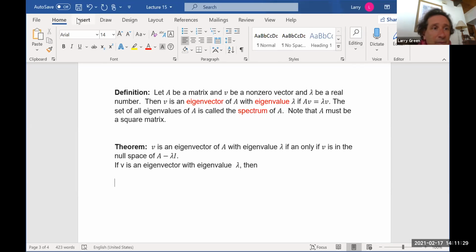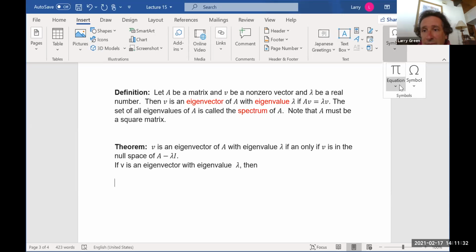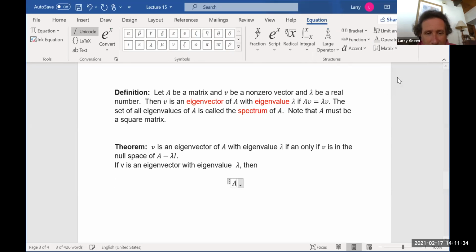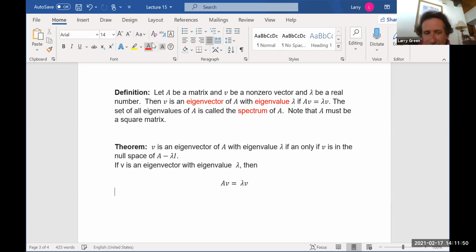So I can write that down. So let's do it. AV equals lambda V. All right, well, the good news is now I just play with it. So what I can do is I can subtract. Let me ask you, can I do this? Can I say just subtract lambda V from both sides and do the following?